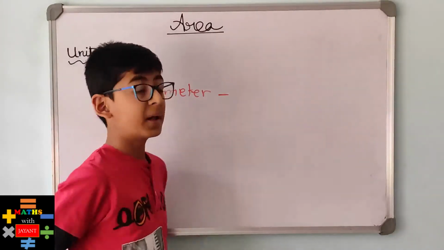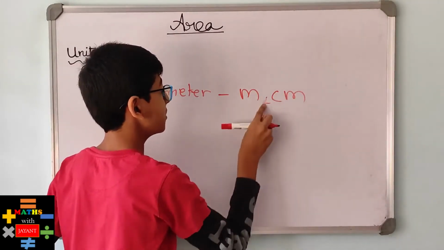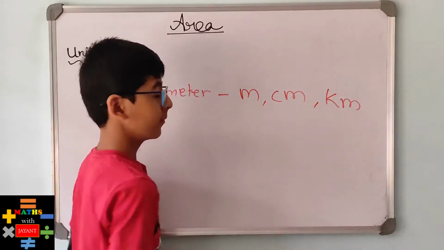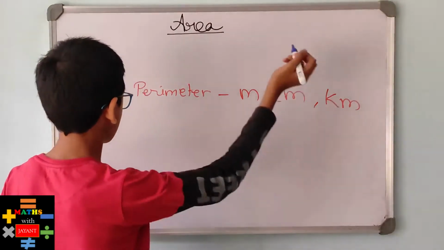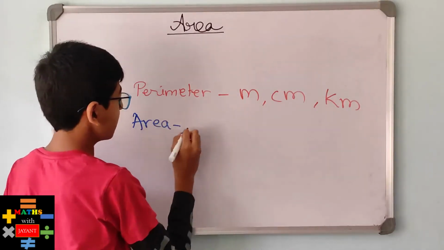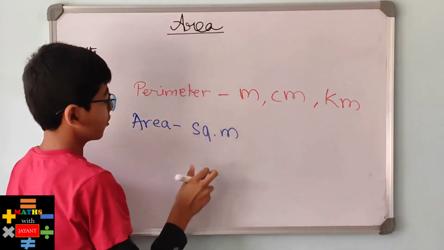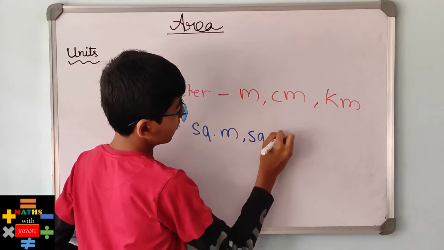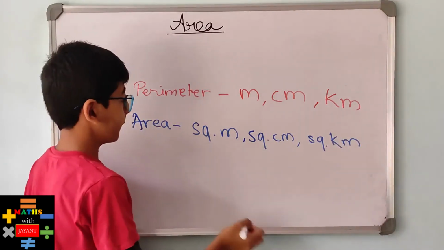For perimeter the units are meter, centimeter, kilometer, etc. Now what are the units of area? For area we will use the same units, but we will put sq. before the unit. So we write sq. m, sq. cm, similarly sq. km, etc.